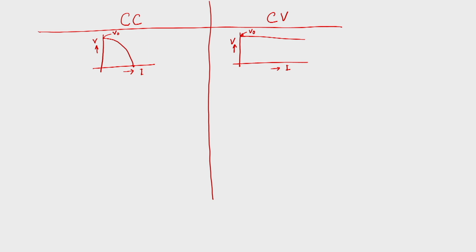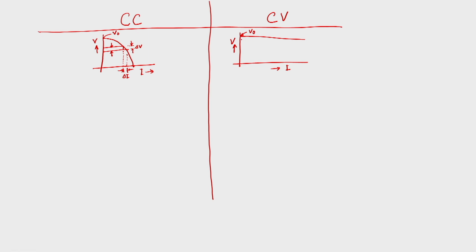Now, from these two power sources what we can observe is that a small change of voltage means a small change of arc length. If a small change of voltage, delta V, occurs here, the change of current is small.